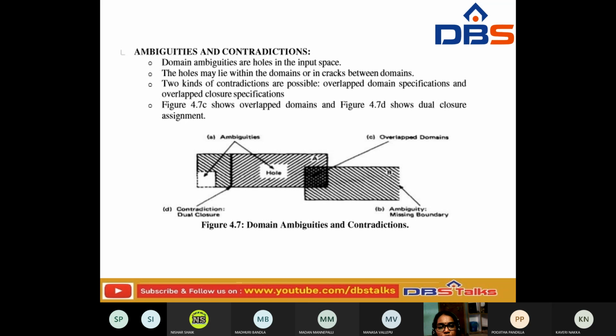This one shows the overlapped domains, which shows the dual closure assignment. This is contradiction, dual closure. Here we may get the ambiguity. So this is the overlapped domain.